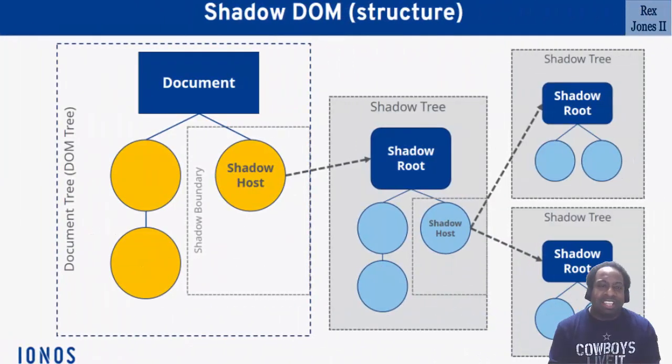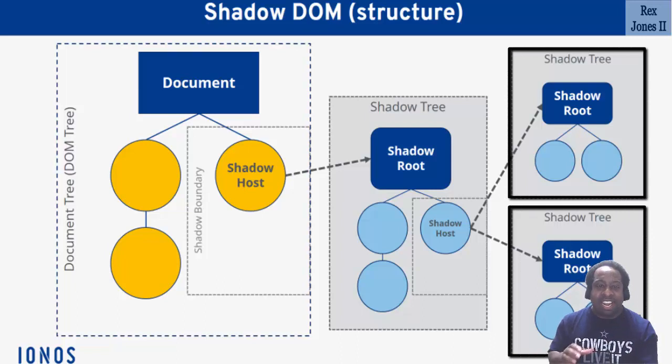For example, in this diagram, we see the last two gray boxes are extended from the first gray box. The first gray box is a shadow DOM and has a shadow host. It splits into more shadow DOMs.